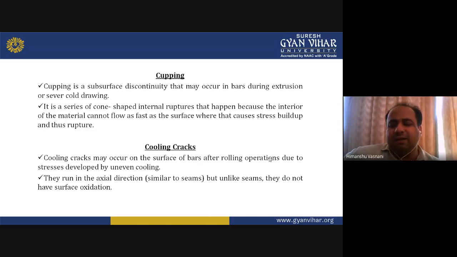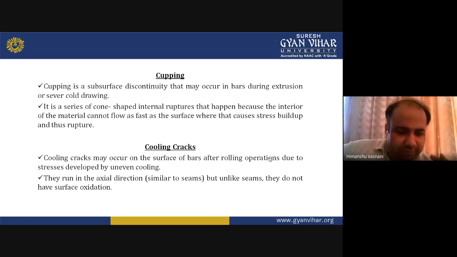See, what happens after rolling operations: in the starting we have given some heat, but due to successive movement or successive production operations, if we are not giving the material enough time to cool, then cracks occur on the surface.